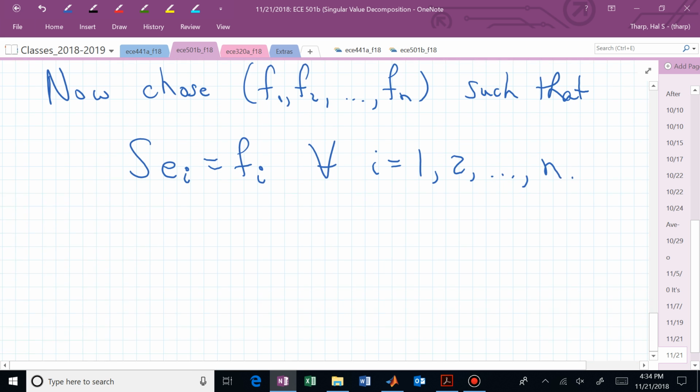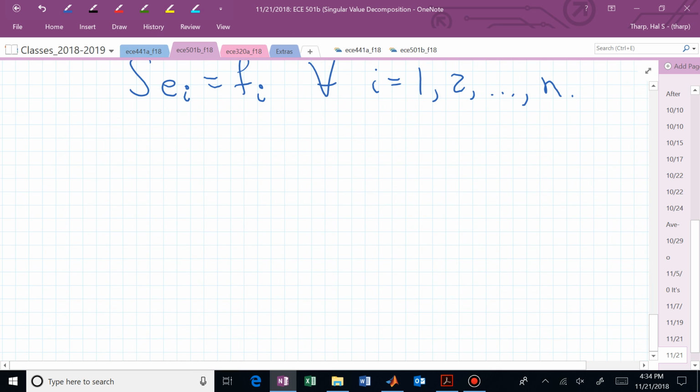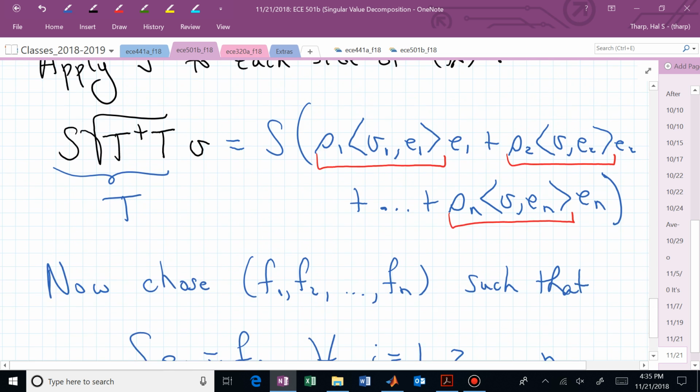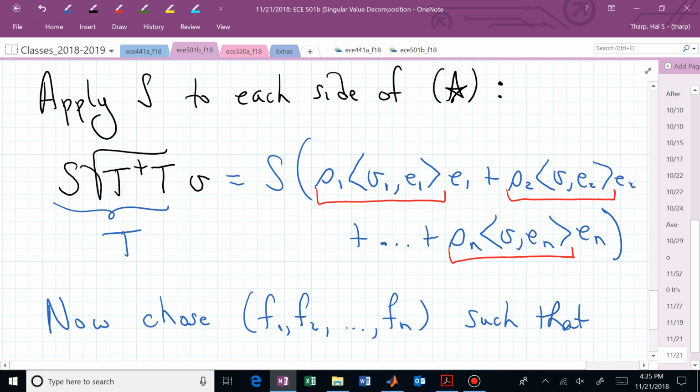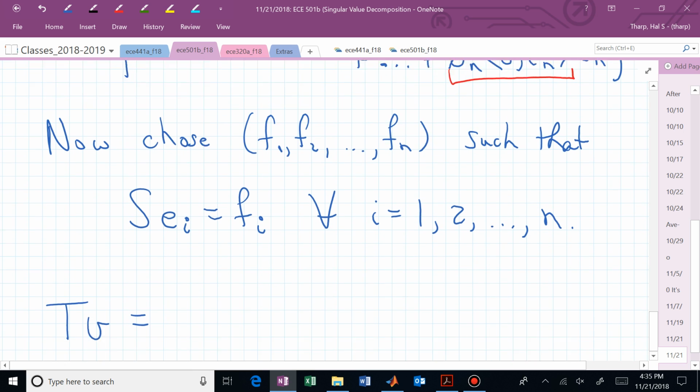That means then that this equation tells us that we have TV on the left, which is equal to, sliding S through on each of these coefficients, S1 inner product of V with E1 times S E1, but we're just defining S E1 to be F1.